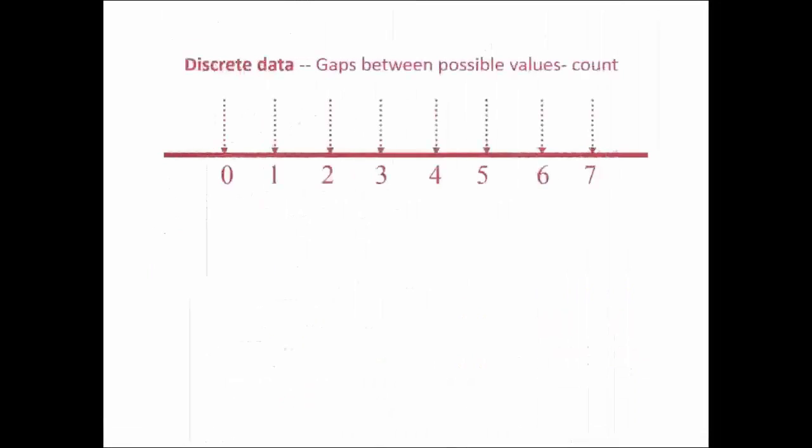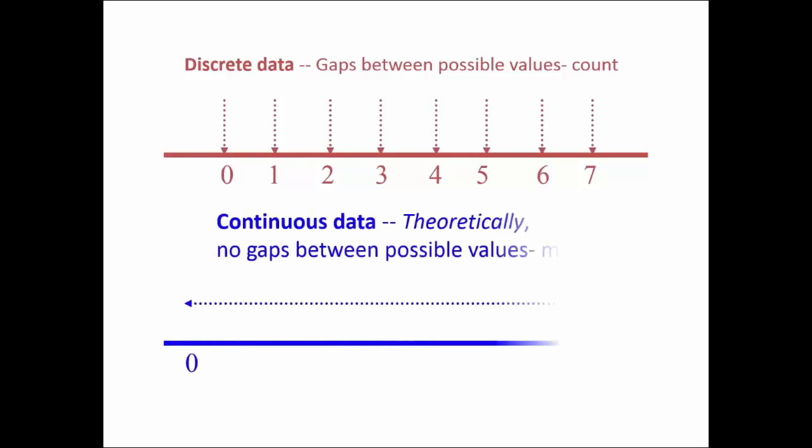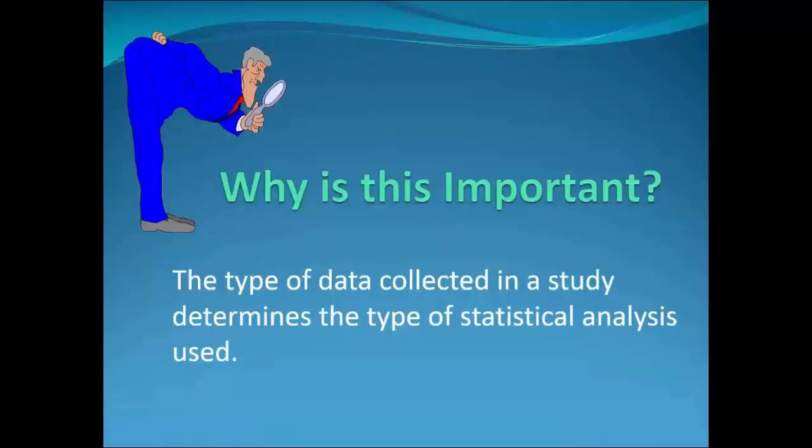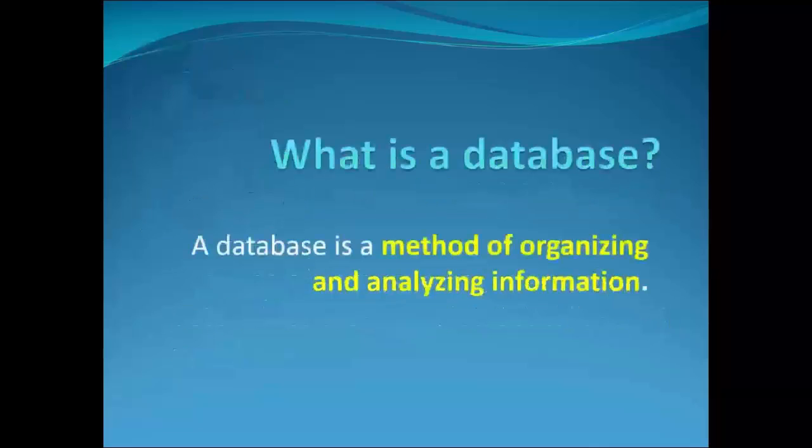Discrete data is whole numbers, whereas with continuous data there are no gaps. And how you treat those statistically is different. So it's important for us to know what kind of data you're getting, because that's going to vary what statistical test you use. So again, why is this important? Because the type of data collected determines the type of statistical analysis.